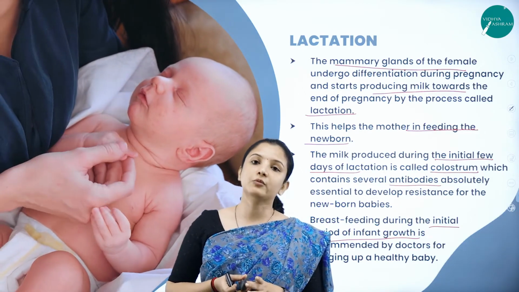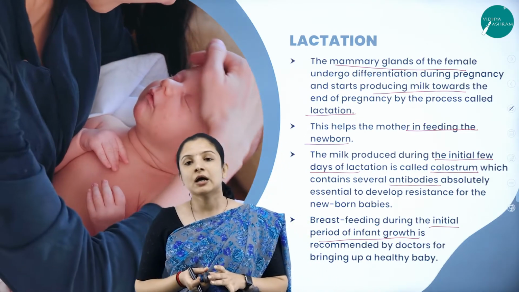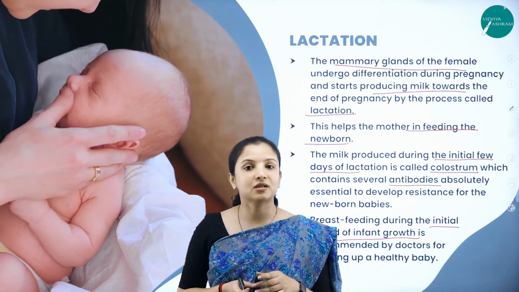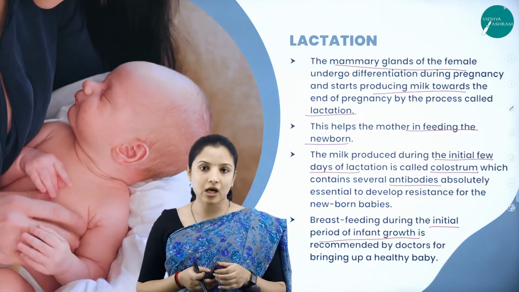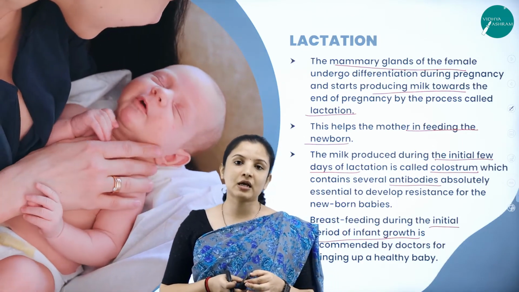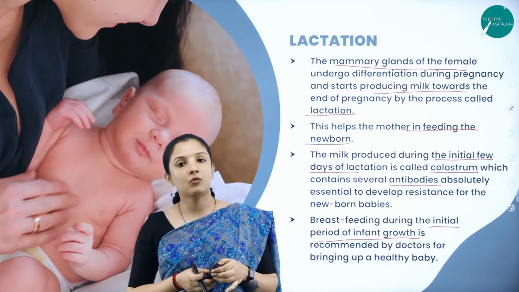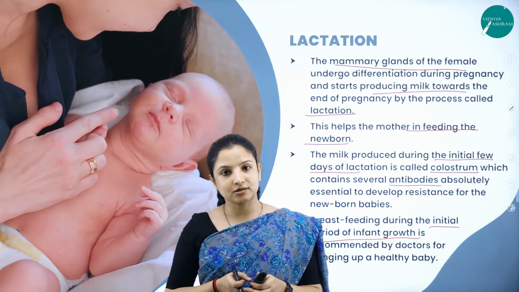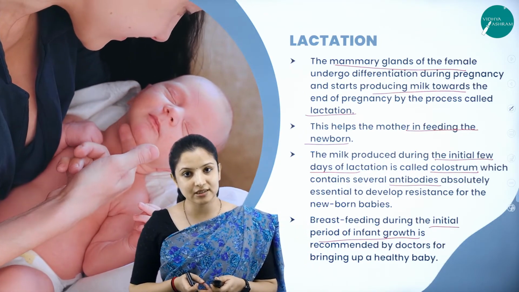We came to know the function of the placenta, and we also understood parturition, that is how exactly childbirth occurs, and that oxytocin is the hormone needed during that time. We also came to know why lactation is important and how lactation occurs. So this was about this particular session.